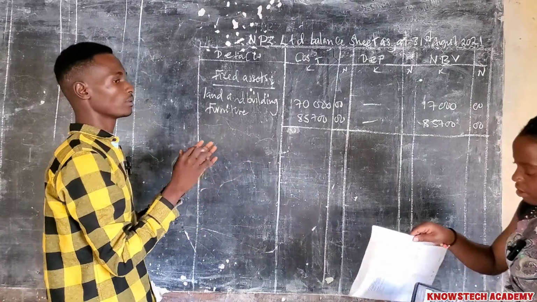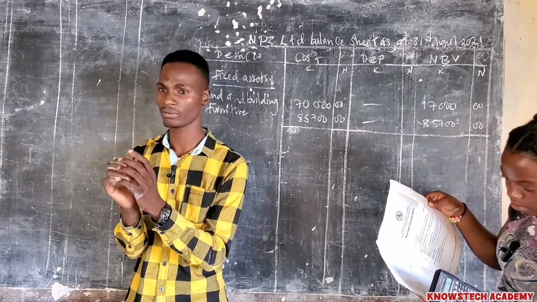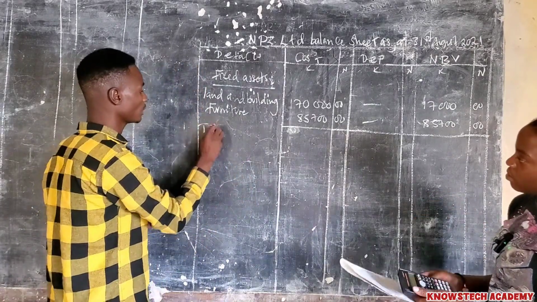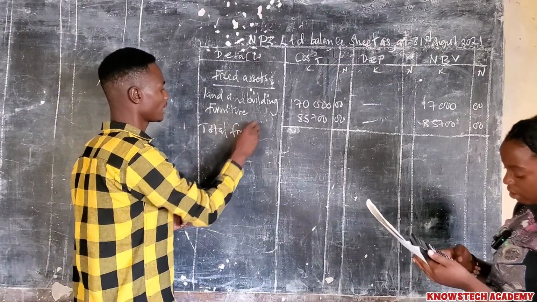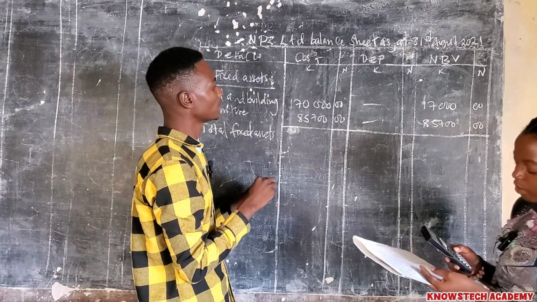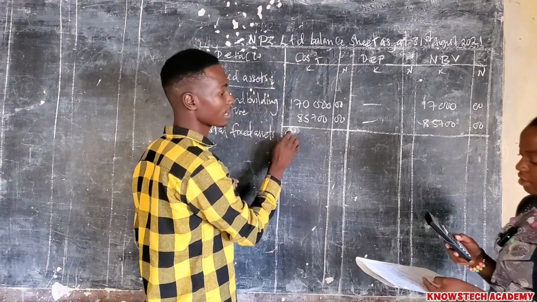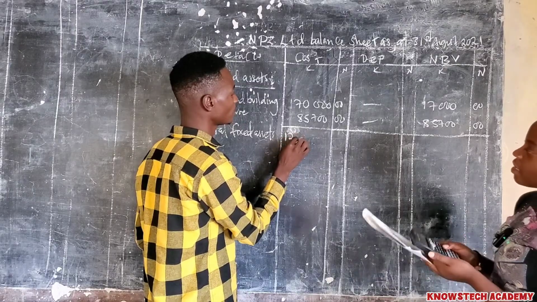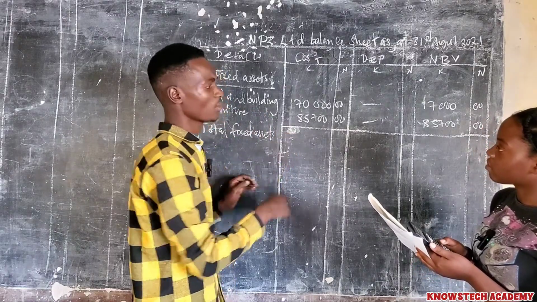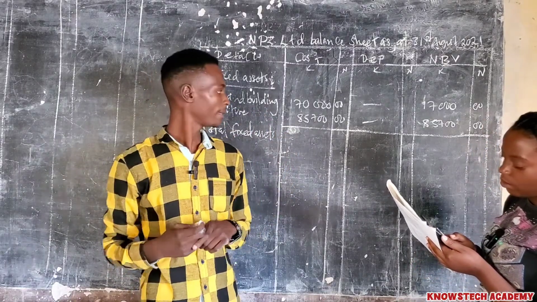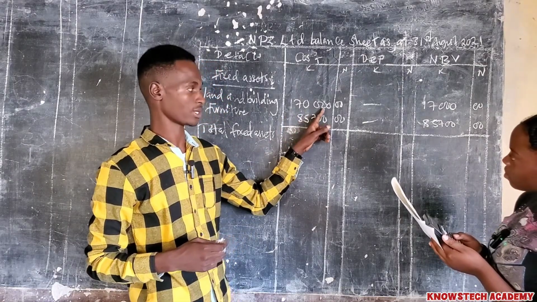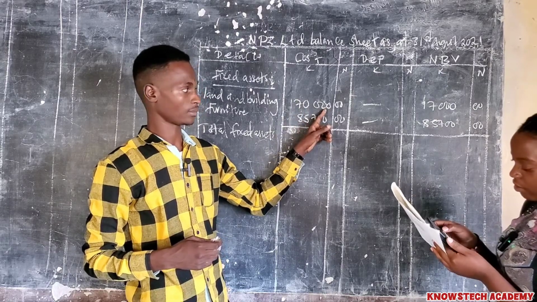Now, when we add fixed assets, we're going to have what is called total fixed assets. How much? When you add 170 plus this one, isn't it 200 something? This is 85,000, this is 170,000, so four zeros here.